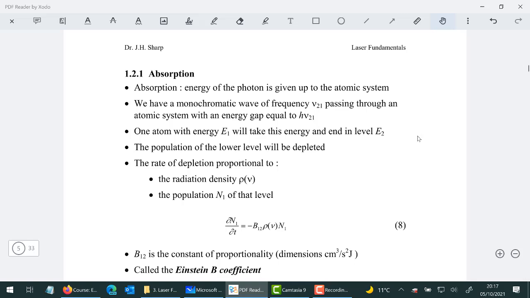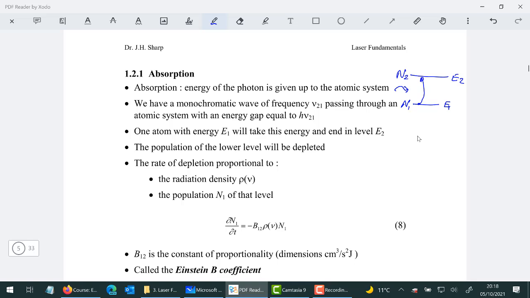For absorption, we have our two-level energy system, and we have N1 atoms sitting with that amount of energy in our box, and N2 atoms sitting with E2 energy level in our box. If we have the light passing through and it gets absorbed, we have a transition going from level 1 up into level 2.